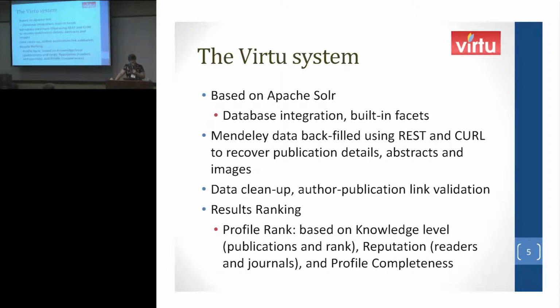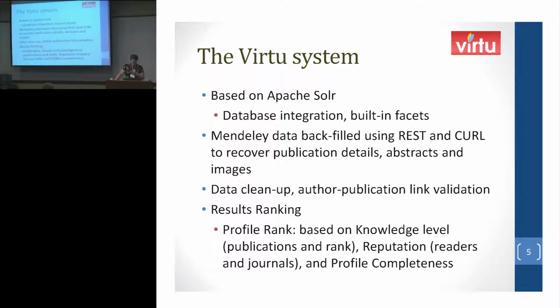And then we had the issue of how do we rank the results here, because we have very sparse data for many of the profiles, and so simple TF-IDF is not going to work for us. So we came up with a kind of profile rank approach where we boosted the profiles that had a high knowledge level based on publications and academic rank, that is, higher reputation.